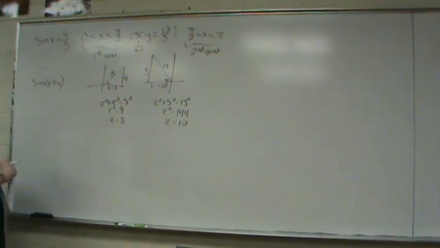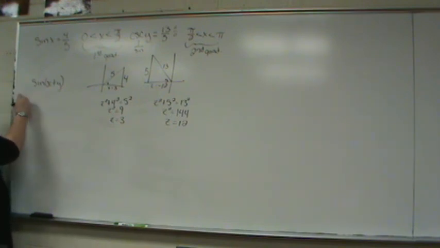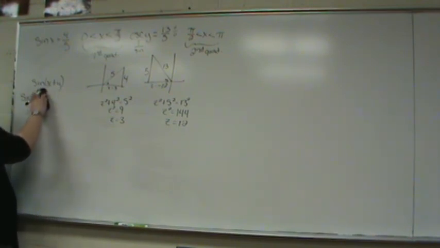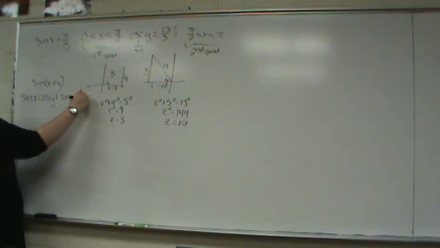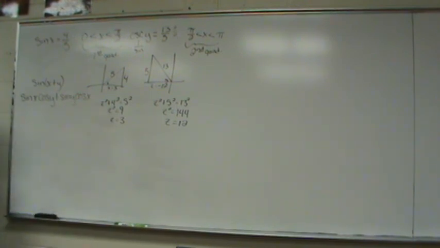So now we're going to use both of those triangles to find sine of x plus y. So that's our sine addition. We have sine x times cosine y plus sine y cosine x. That's just expanding using the identity. So now we actually need to find each of these values.